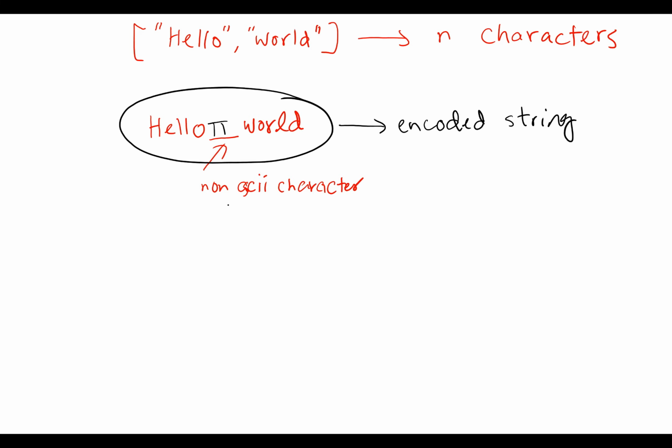And once I get this, I want to decode, so I will start reading it again, and until I get that character pi, I will keep on adding to the current string, and as soon as I find this, then I will start reading the next one. Okay.